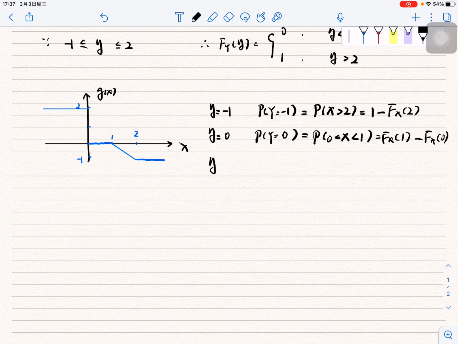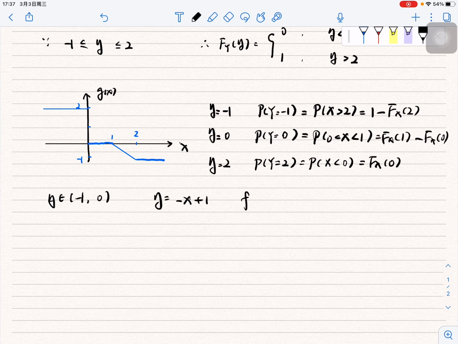When y equals 2, the probability equals the probability x is less than 0, which equals Fx(0). In the interval of minus 1 to 0, we have y equals minus x plus 1.